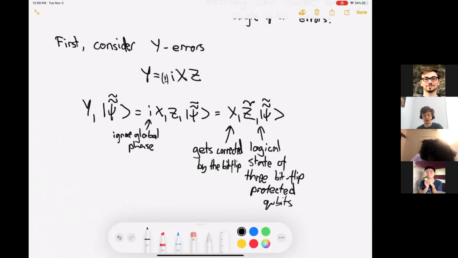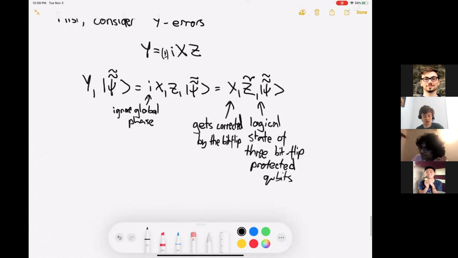Because the state is just some logical state of the three bit flip protected qubits, and then it's had a bit flip applied to one of them, so that bit flip gets corrected.